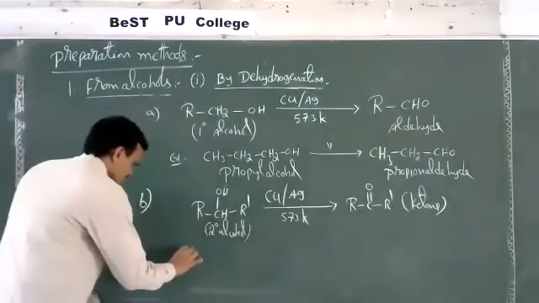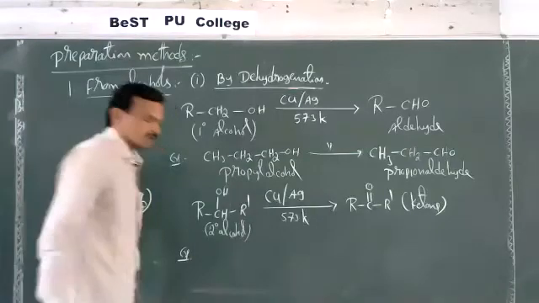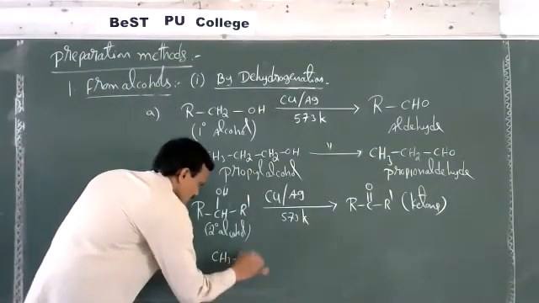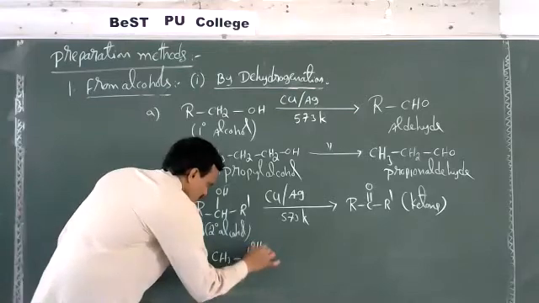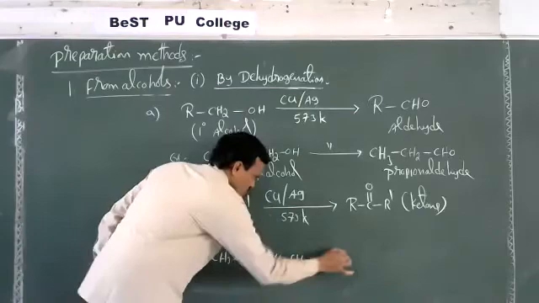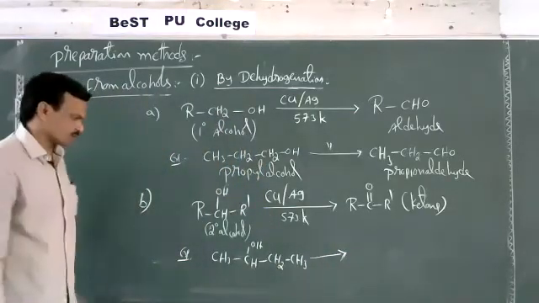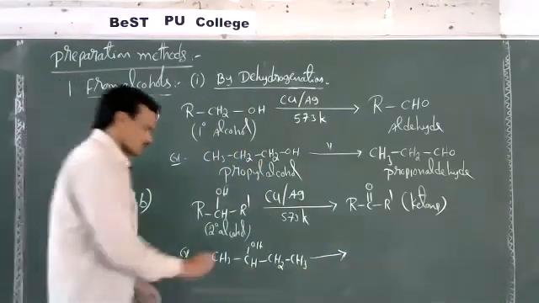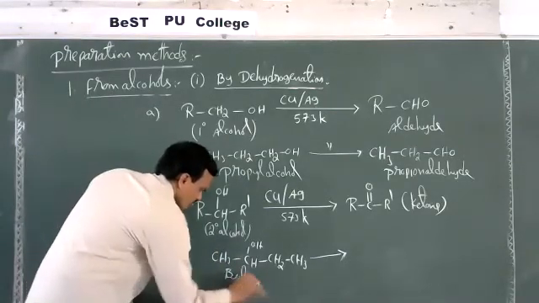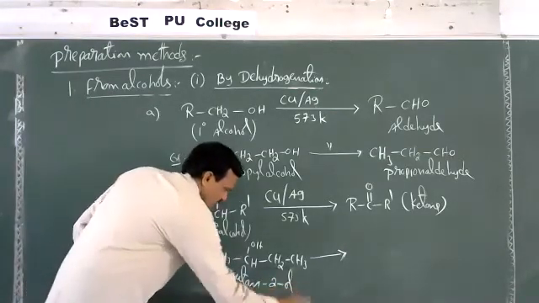An example, same example, replace R with a methyl or ethyl in the equation now: CH3, CH, OH, CH2, CH3. This is the compound. What is the name of this compound? This is butan-2-ol.